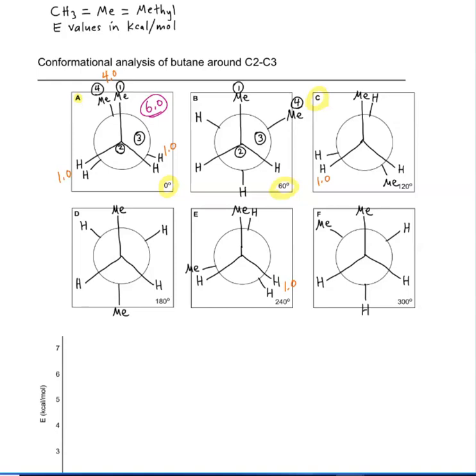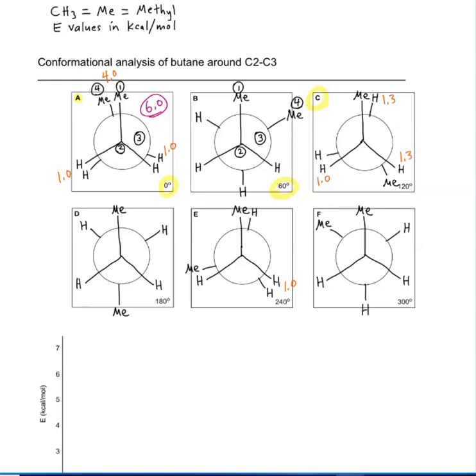Those are also going to have some strain energy associated with them, which is going to be slightly larger than the HH eclipse. Because again, since one of the groups is larger than a hydrogen, you not only have torsional strain because the bonds are eclipsing, but you also are going to have a little bit of steric strain. Each of those carries a strain energy of 1.3 kilocalories per mole.